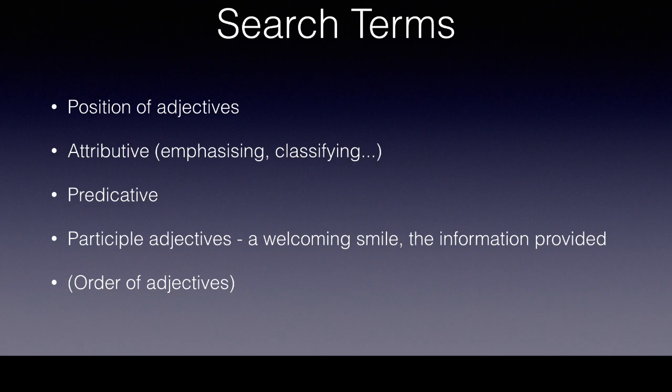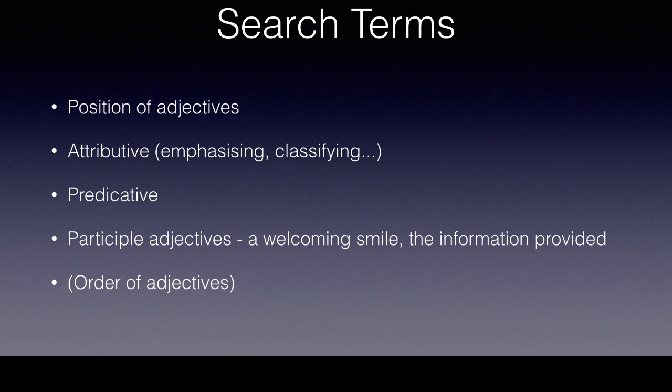So here are some search terms that you can use when looking up adjectives in your grammar book. You might want to look up the position of adjectives. And more specifically, they can be attributive, so emphasizing like utter, or classifying medical, national, chemical, etc. Or they can be predicative, so basically, let's say after the verb.